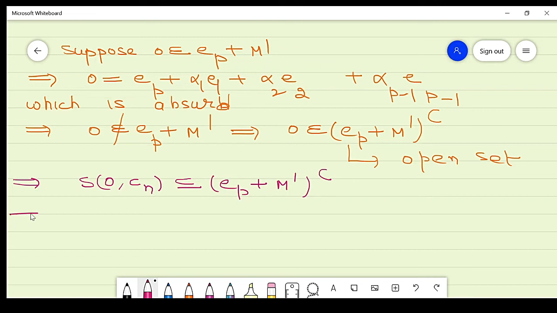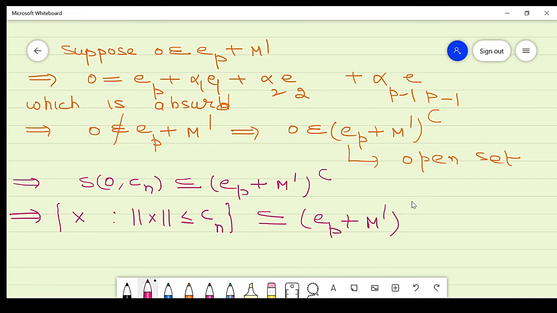So what is this set? This set is all x such that norm of x less than or equal to Cn. So this is part of EP plus M dash complement, right?